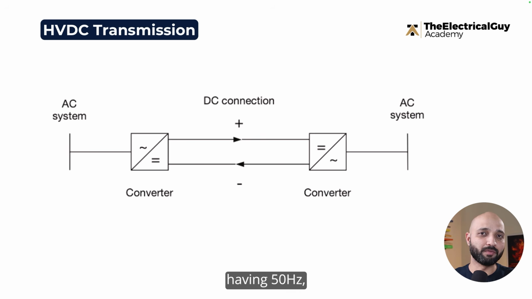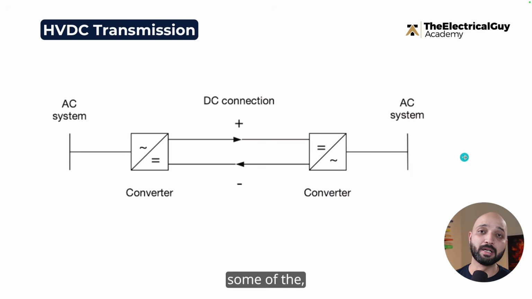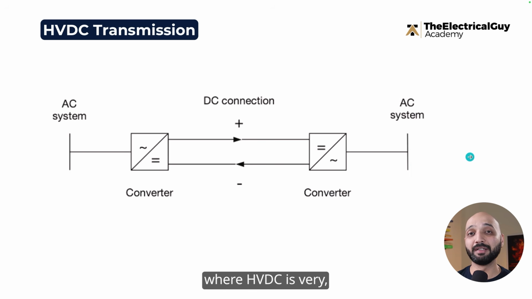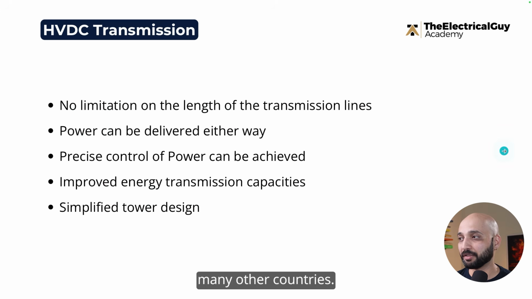Maybe one region is at 50 hertz, another is at 60 hertz. The only link that you have is HVDC. So those are some of the applications where HVDC is very, very useful. And that's why you will find a lot of projects coming up with HVDC transmission. Many of the projects are already installed, not only in India, but also in many other countries.